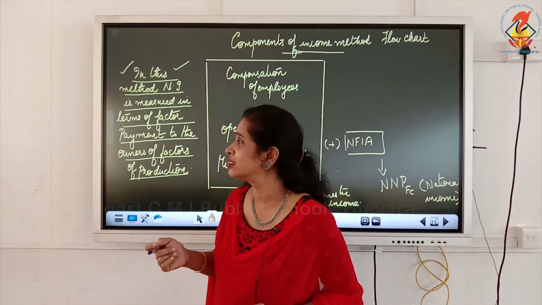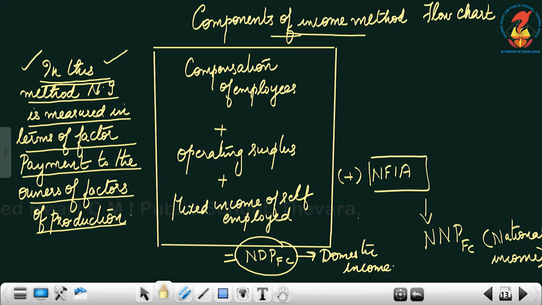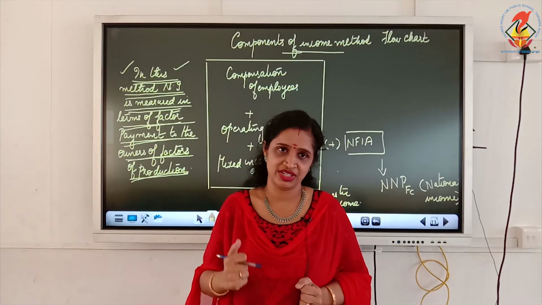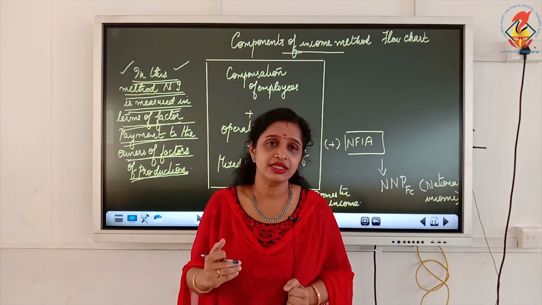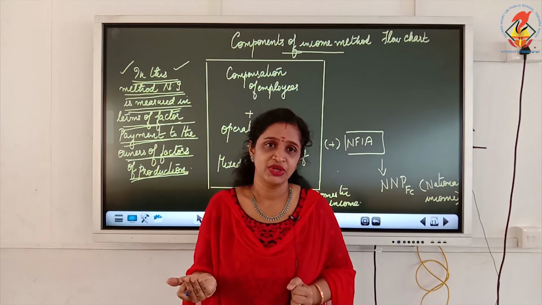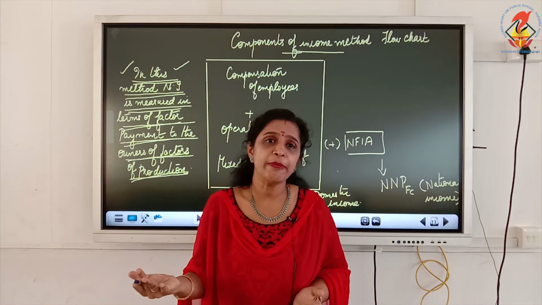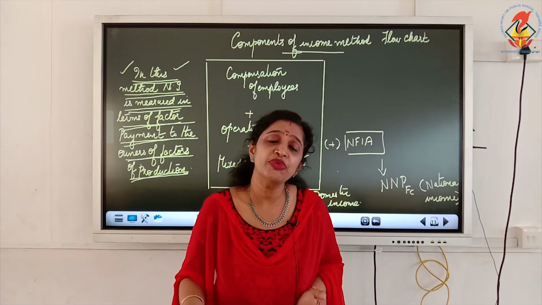That is what is written here. In this method, national income is measured in terms of factor payment to the owners of factors of production. Factor payment, labor, wages is a factor payment which is given to the owner. Who is the owner? Labor. For labor we need to give wages.